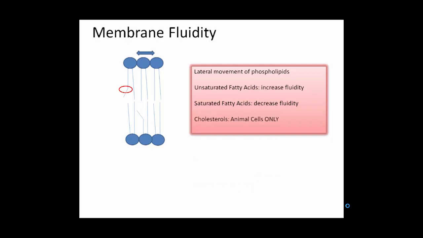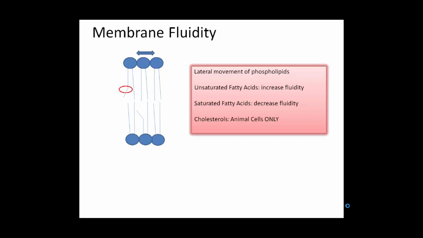Animals, on the other hand, don't have a cell wall, so if their membrane cohesiveness breaks down, then there's major problems. The cells are no longer functional, your organelles and cytosol are flowing out. So cholesterols play a role in maintaining membrane fluidity, and these are found in animal cells only.